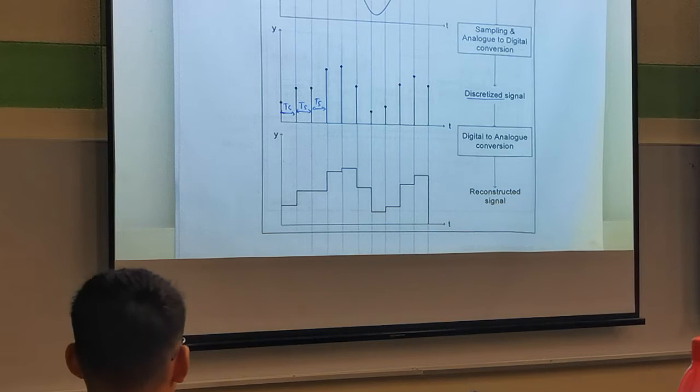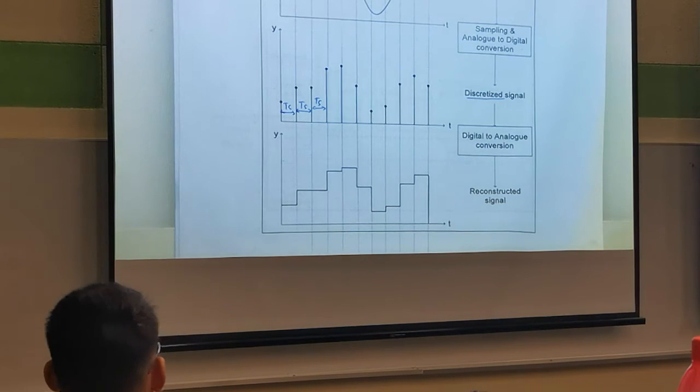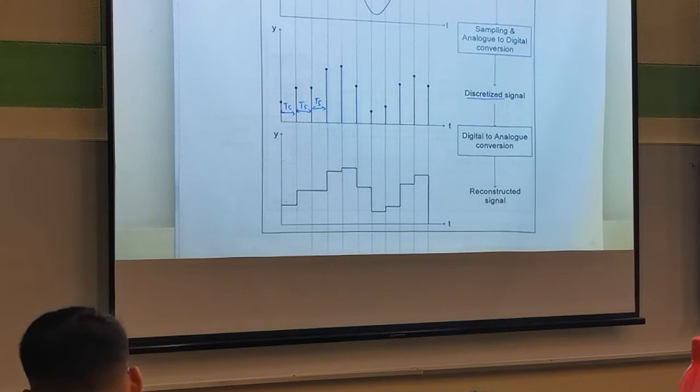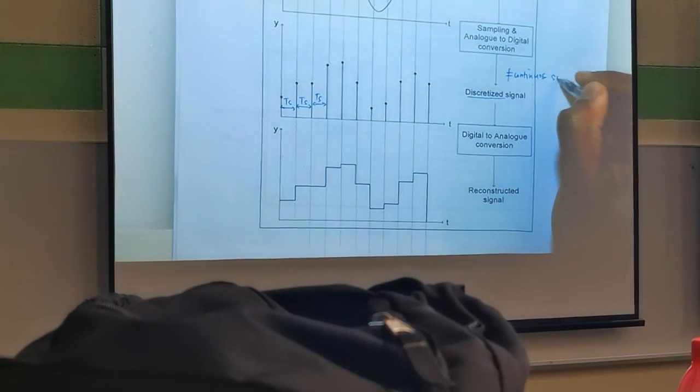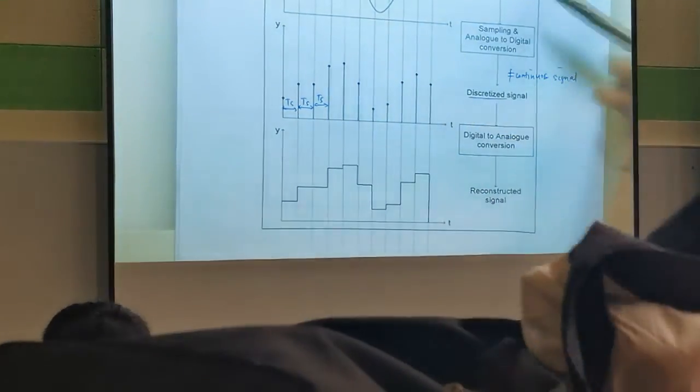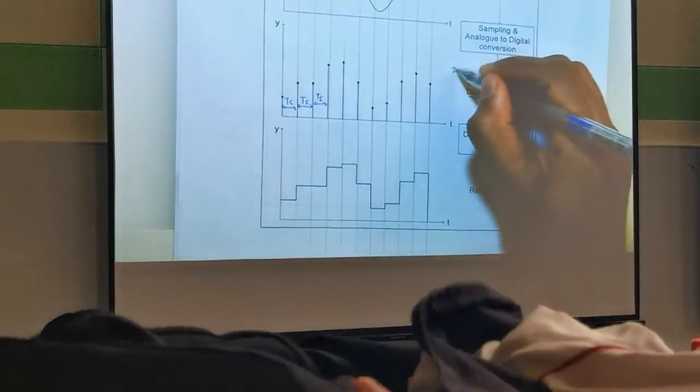In between that interval, I don't know what the value is. That's what we mean by a discretized signal. It is not a continuous graph anymore. Do you all understand the difference between the first and the second graph?